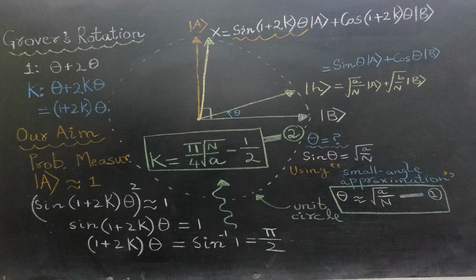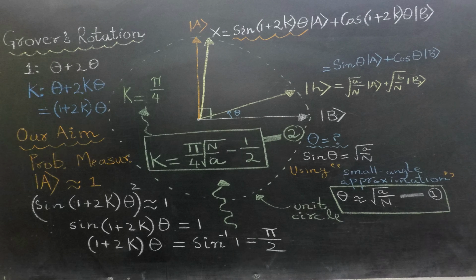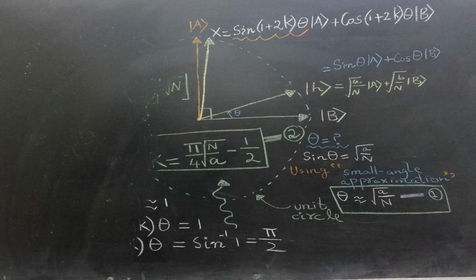Note that K is the number of rotations, which cannot be a fraction. So, we can rewrite K as the floor of pi by 4 times the square root of N over small a, where a could be equal to 1. After K rotations, we can measure our inputs from set A with a very high probability.